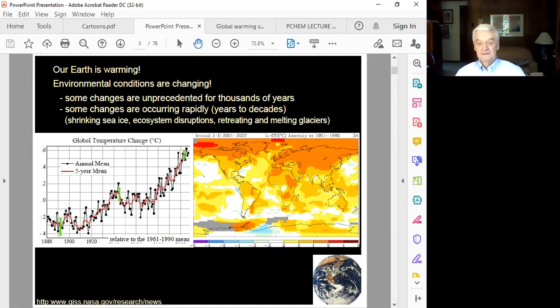As these slides are going to show you, there are other things other than just increasing concentrations of global warming gases that increase the temperature, sun activity, stuff like that. So one has to look at long periods of time. But you can see over this range from down here to up here, it's about a 1 degree change. In the last 10 years, I think we've added another few tenths of temperature increase.